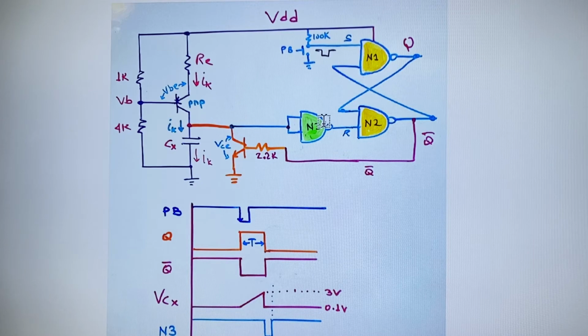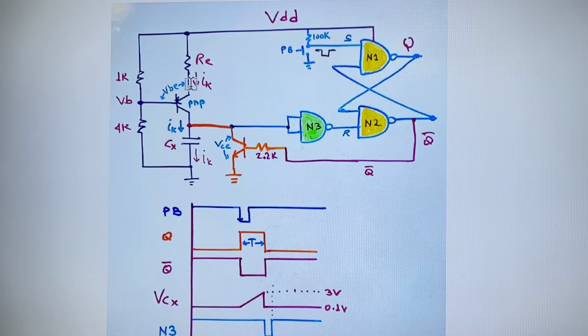Now when you press the push button, the trigger for this set-reset latch, when you apply a 0 right there, Q will be 1 and NOT Q will be equal to 0, and because it is 0, the transistor will be in cutoff, so it will be open.